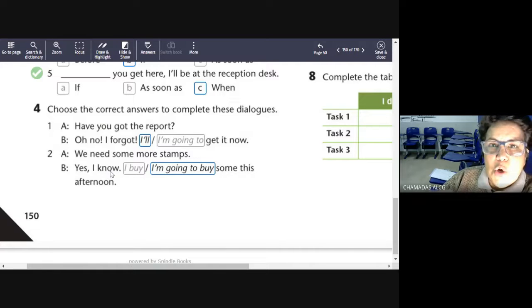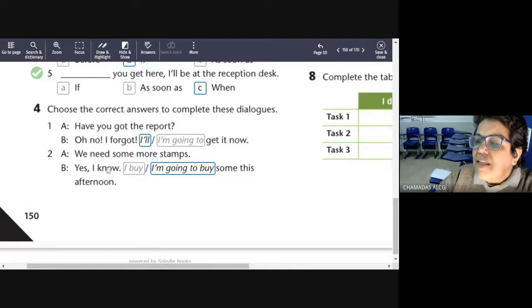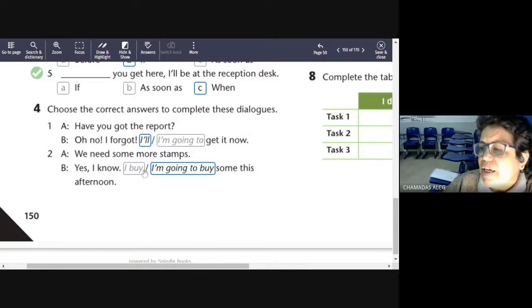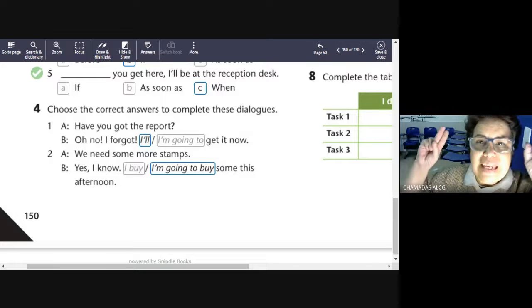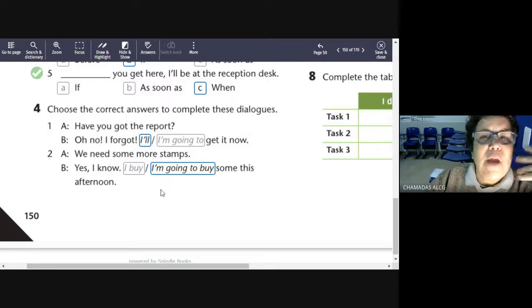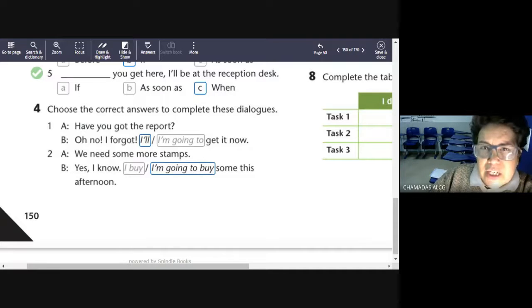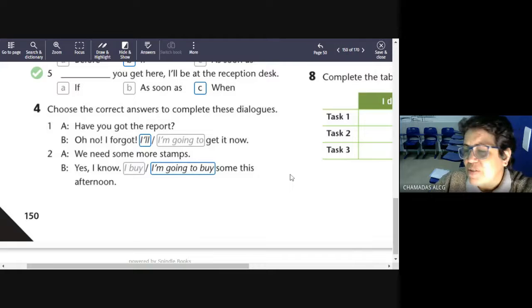So it shows that the person in number 2 already planned to go and buy some stamps. So it's something that was planned before. It's not a decision at the moment. It's not a rapid decision, okay? Like this one here. All right, girls?